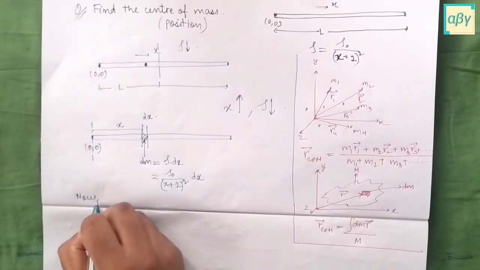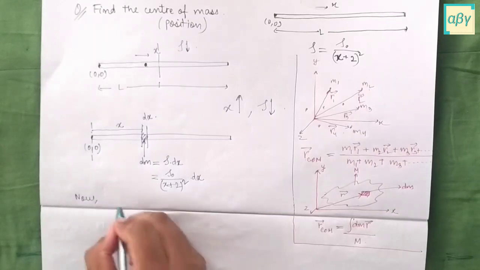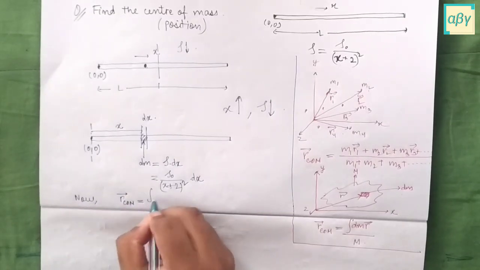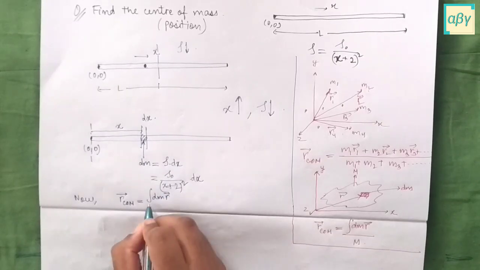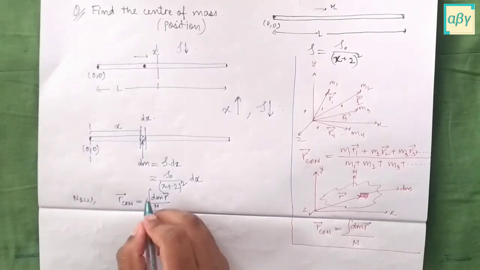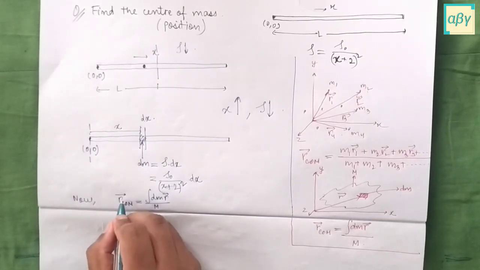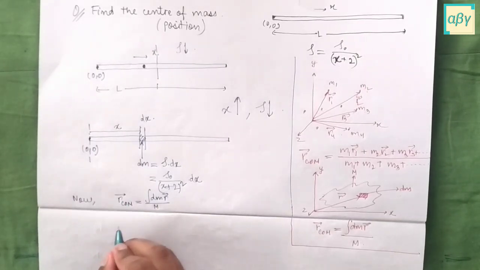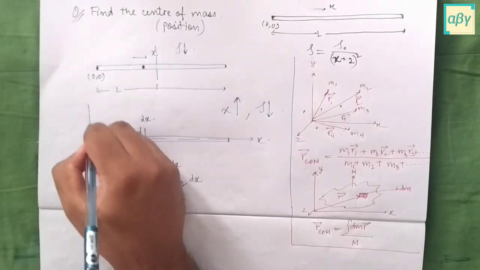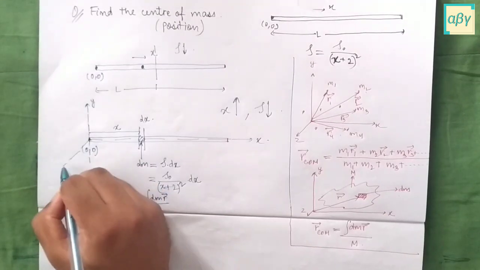Now we know the center of mass, R COM vector, is given by integration of dm r vector by capital M, where capital M is the total mass of the rod. But in this case, I can break the R COM vector into three components: one along the x-axis, this is my x-axis, this is my y-axis, and this is my z-axis.